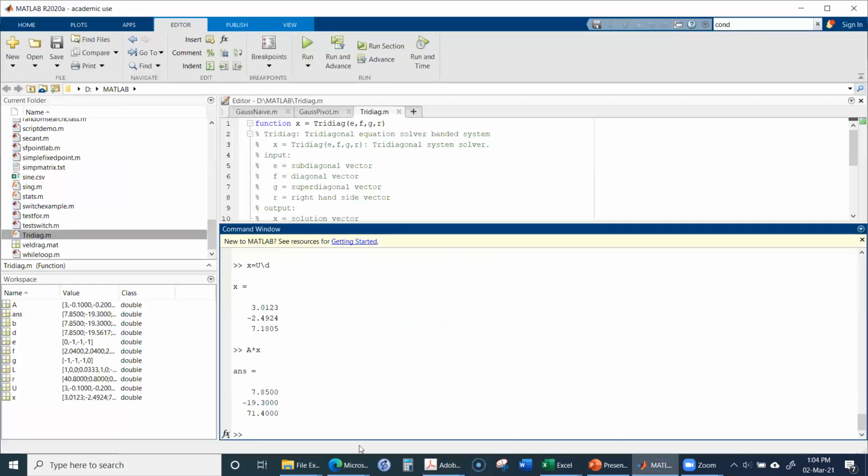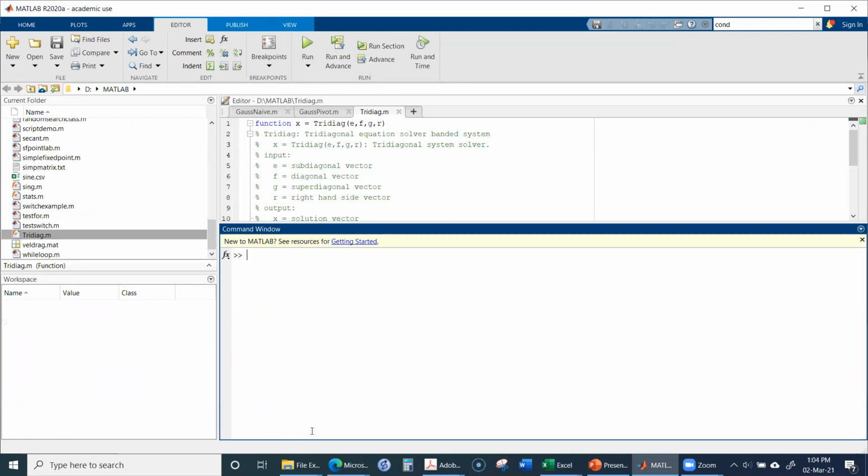If I define the same matrix for the application of Cholesky's method, let me define matrix A as 6, 15, 55; 15, 55, 225; 55, 225, 979. So this is a symmetric matrix.